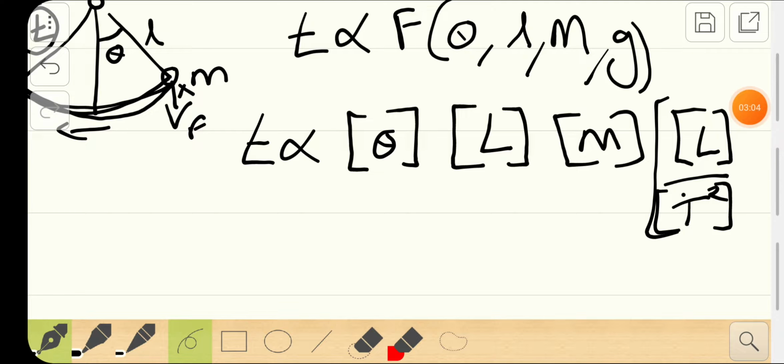That's the dimension of g. I don't know how this is related. I only know that T raised to 1 is our solution.